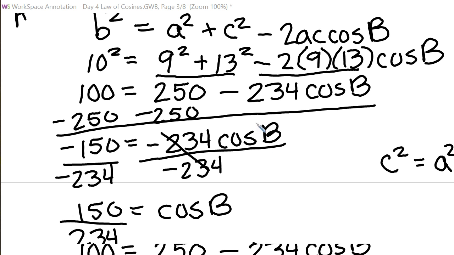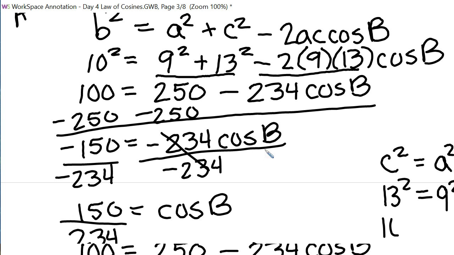Side C is 13. Side A is 9. B is 10. Minus 2 times 9 times 10 times the cosine of angle C. What is 13 squared? 169.